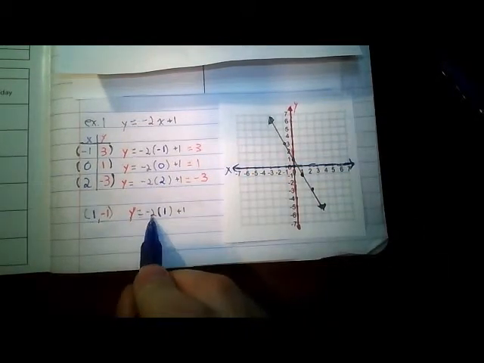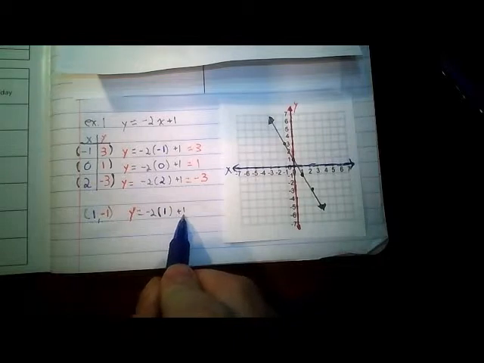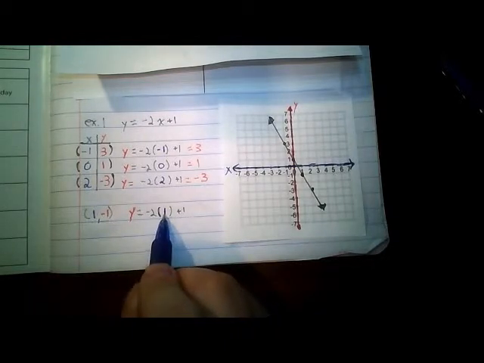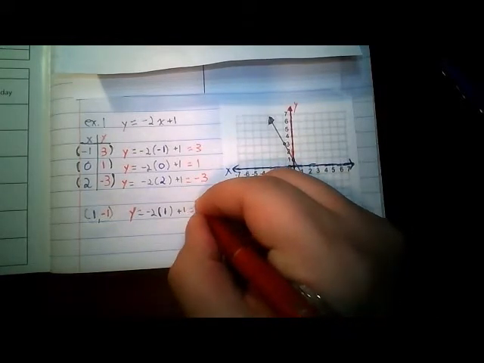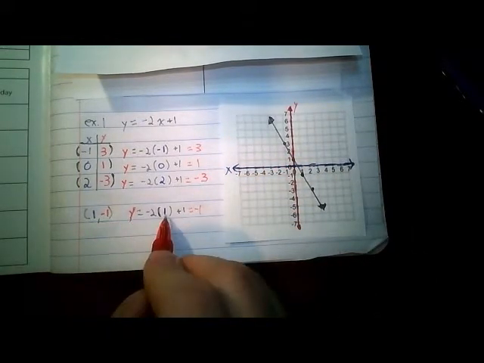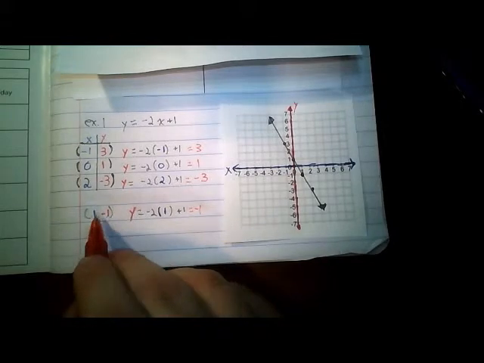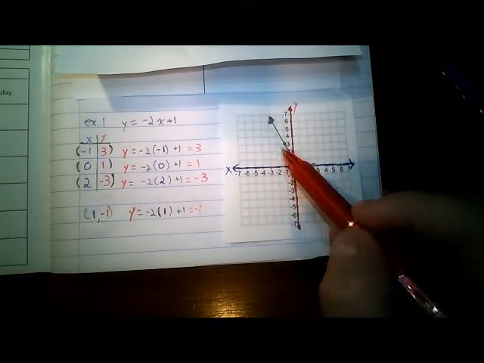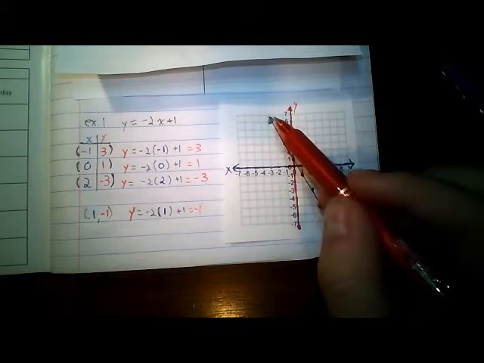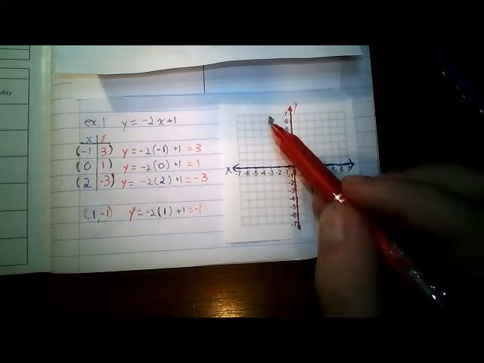So y equals -2 times 1 plus 1. -2 times 1 is -2, plus 1 gives me -1. So this point, 1, -1, is a solution of this equation. And I could have picked any of these points, and they all would have been solutions to the equation.